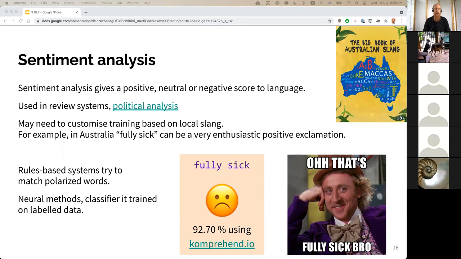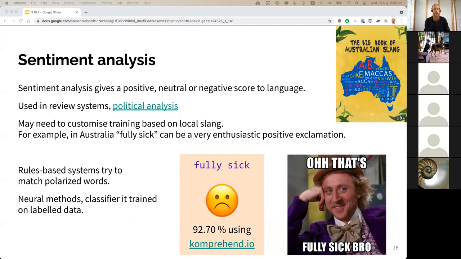It might be that the system would work fine if it wasn't expecting to pick up or respond to terms like that. So "fully sick" in a chat app on a medical website, you might expect that someone is talking about being unwell. But in a chat app on a car website, if someone says "fully sick", it's more likely a positive thing.